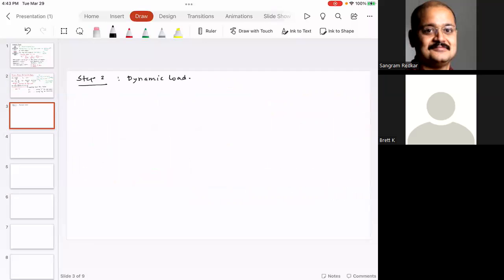In dynamic load, WD is equal to WT plus, equation is slightly different, B times C. Please note here there is cosine cube alpha plus WT divided by 21V plus square root of B C cosine square alpha plus WT multiplied by cosine alpha.